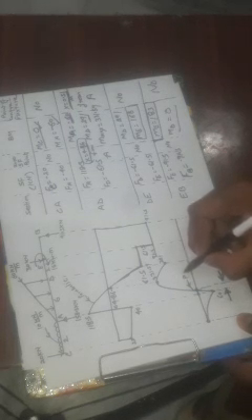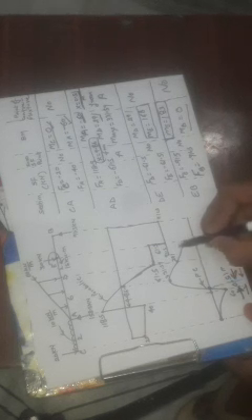Here we have mentioned X equal to 0.51. So this is your point of contraflexure, because at this point the bending moment curve is changing its sign. This distance is 0.51 meter.